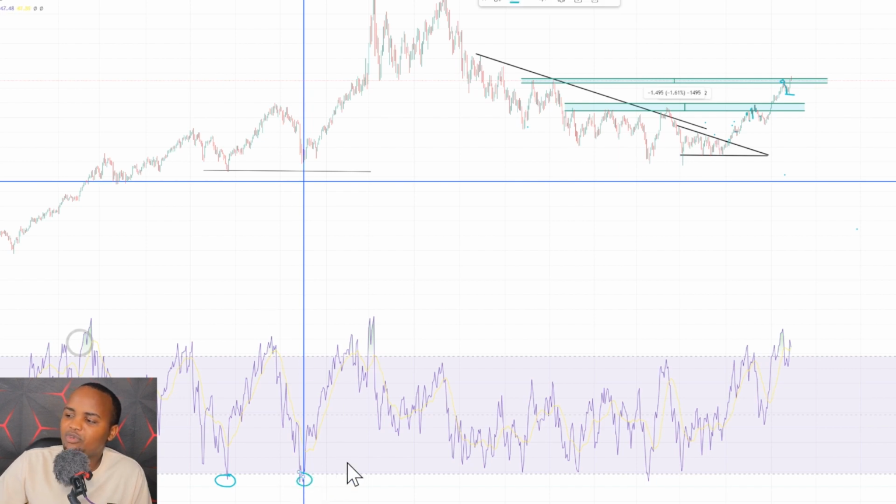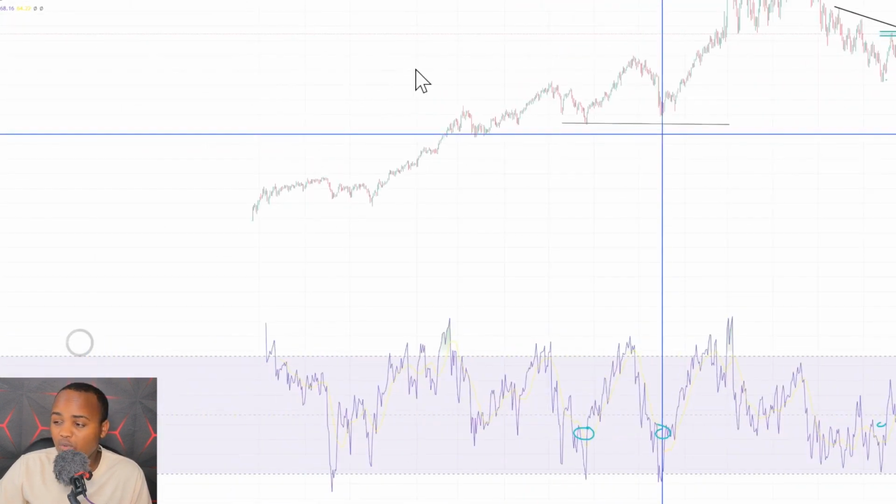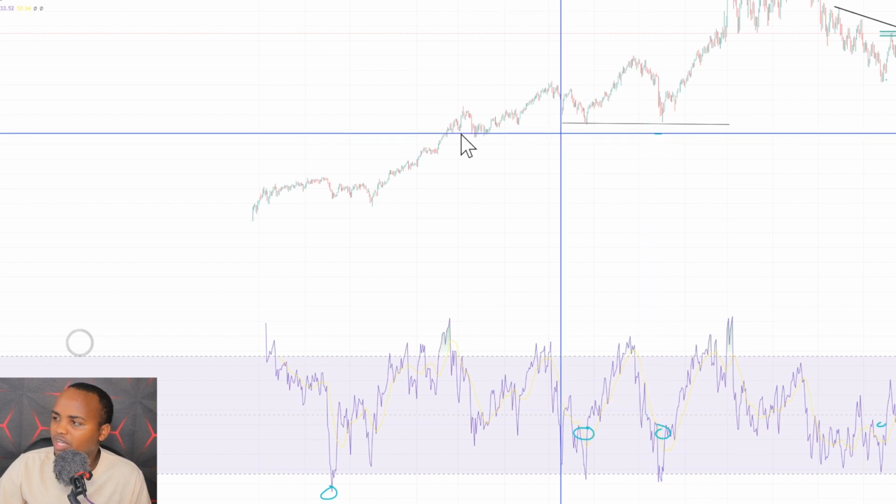So anytime you can see the market touching all these zones, the market has been reversing, and that has been all the way from 2020 all the way down. You can see even here the market was touching this and just reversing back. So that is one of the indicators you can use to identify your zone.